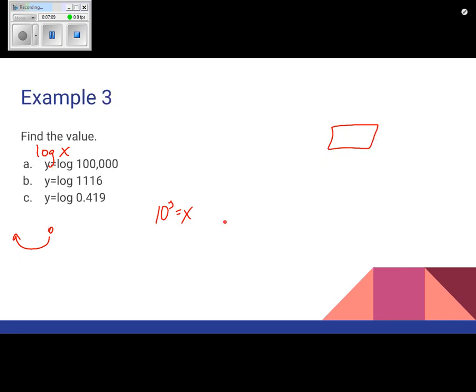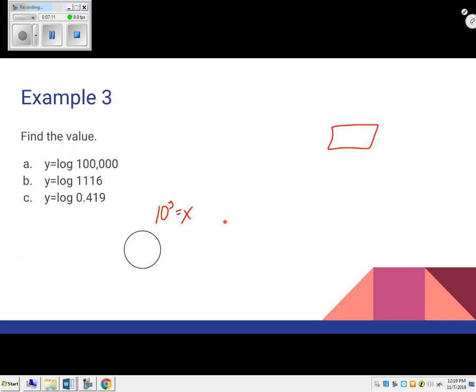So let's try a couple of these. All right, so I want to find the value. Okay, notice this one doesn't say mentally, so I have a shortcut coming in just a little bit. But this first one I think we can do. Okay, remember, there's just a 10 down here. So I'm wondering, 10 raised to what power gives me 100,000?